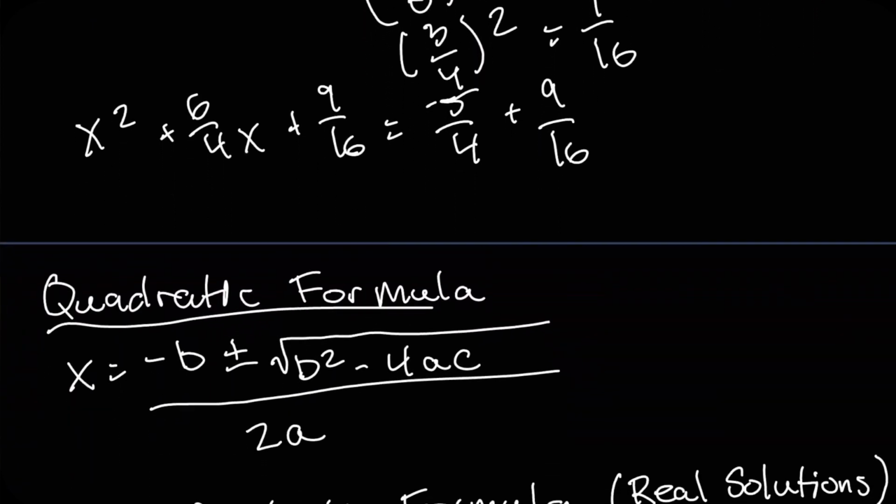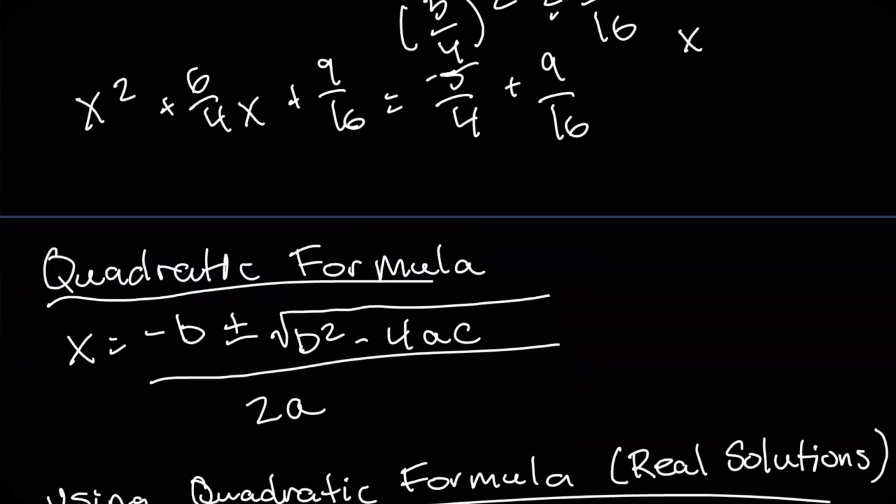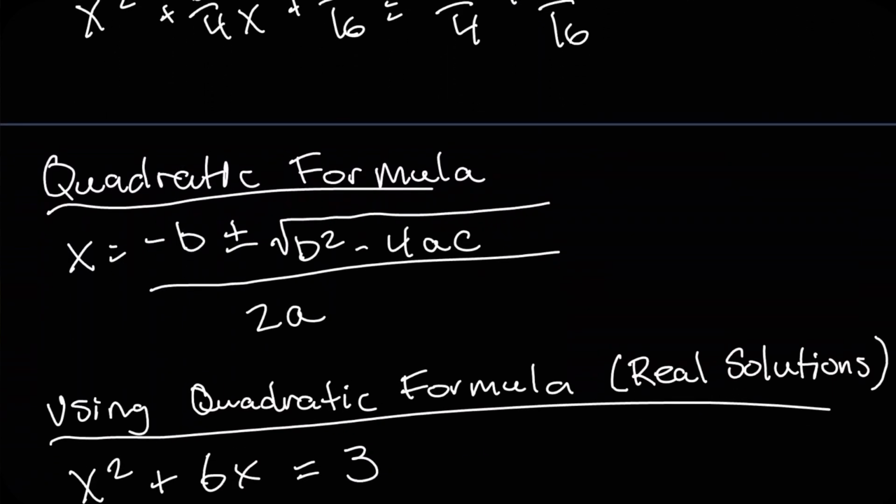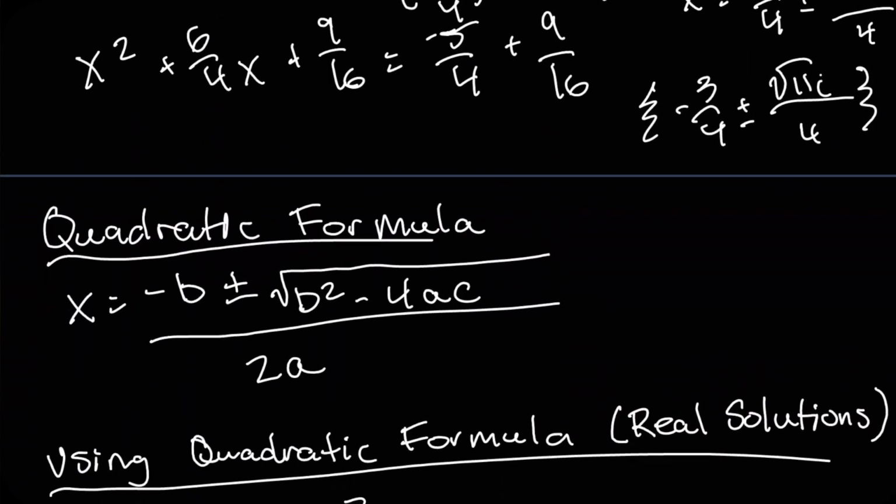This will be x is equal to negative 3 fourths plus or minus the square root of 11i all divided by 4. And our final solution here, we can say negative 3/4 plus or minus the square root of 11i and divide by 4. That was a lot of steps, but we do finally have our solution here.